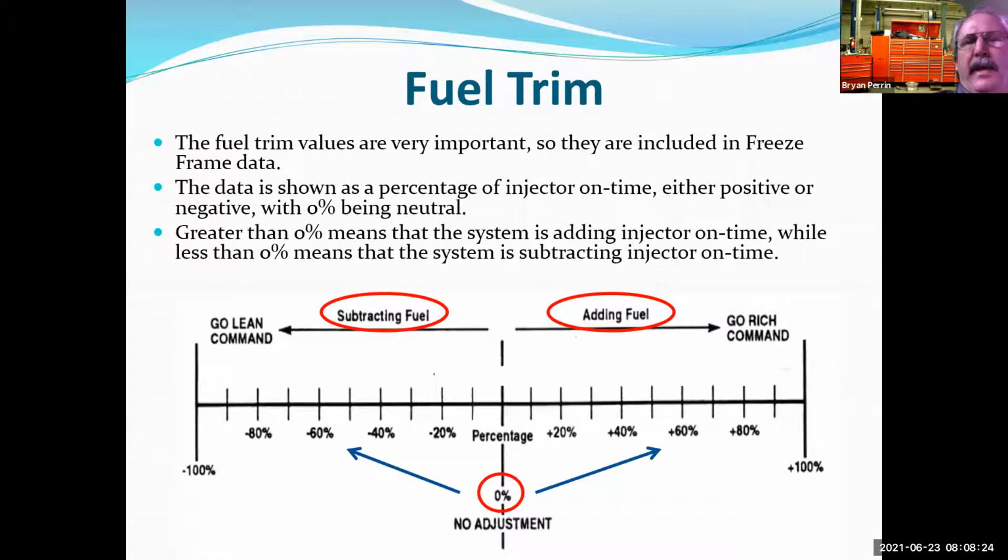It may not be adding any fuel. You might still be stoichiometric out the back, or even running lean out the back, even with additional injector on time. All it's doing is adjusting the injector on time to try to get us back to a stoichiometric ratio. And it just brings up other possibilities of things that can fail on the vehicle and gets you thinking a little bit out of the box when you keep that in mind.